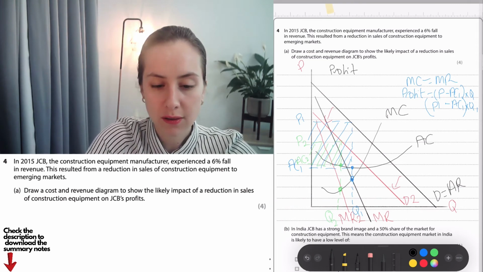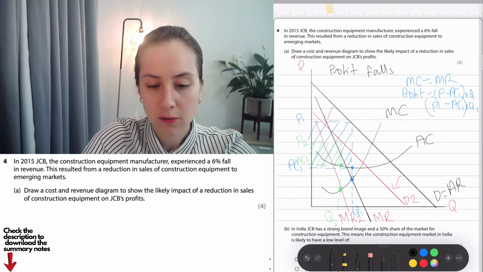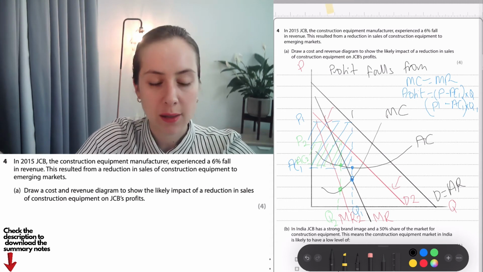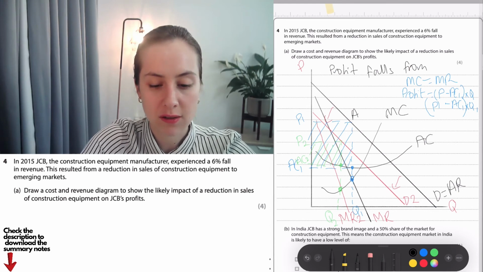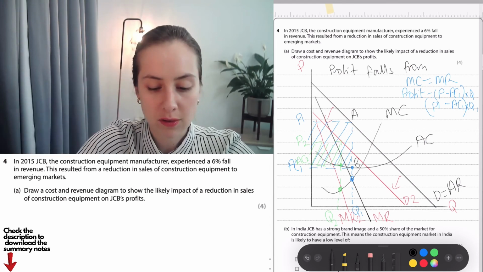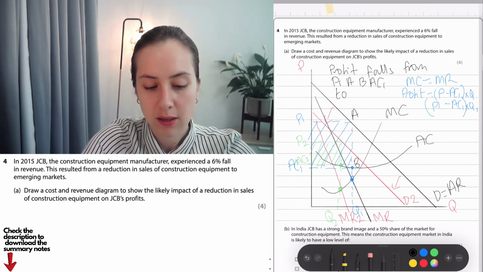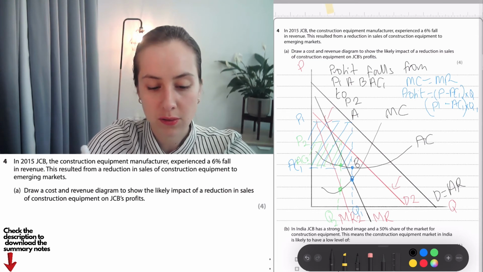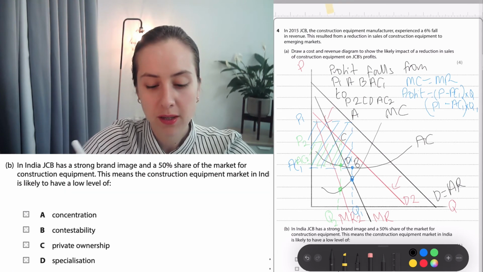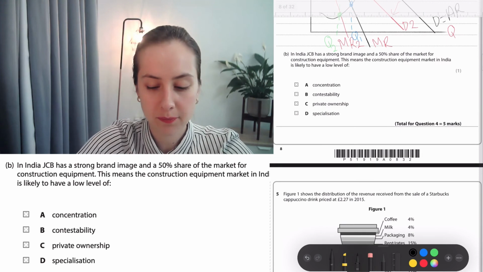So profit falls from, if you're in the exam, you'd have to use black. So my suggestion is just label each of these coordinates, maybe label that B, from P1, A, B, AC1 to P2, so that's C, D, AC2, and that should be just fine.